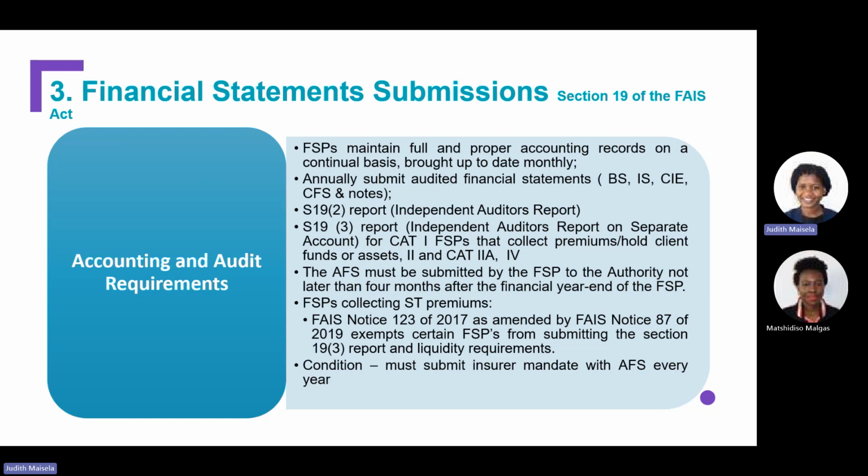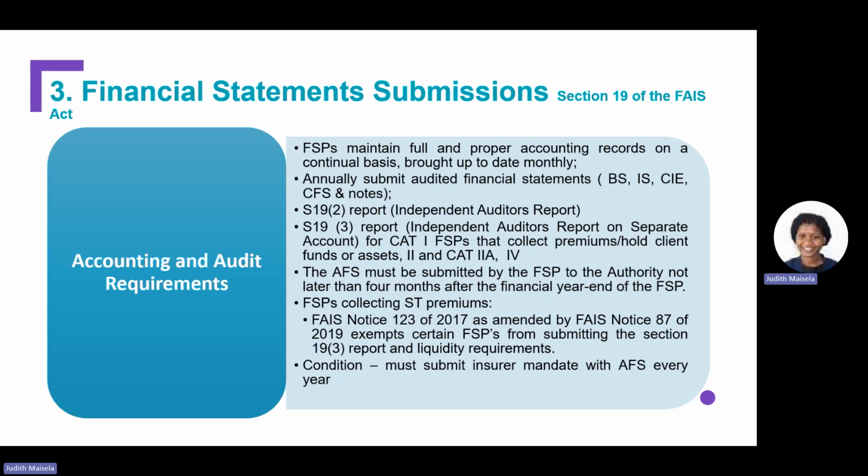The second requirement is that an FSP must annually submit audited financial statements, which comprise the balance sheet, the income statement, the statement of changes in equity, as well as the statement of cash flows, together with its notes. The audited financial statements also need to be accompanied by a Section 19.2 report, which is referred to as the Independent Auditor's Report.